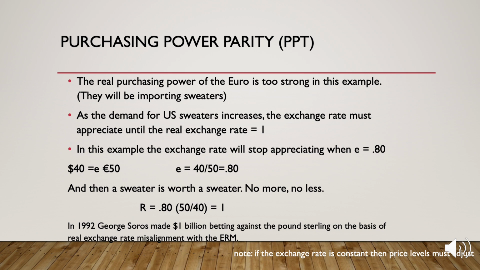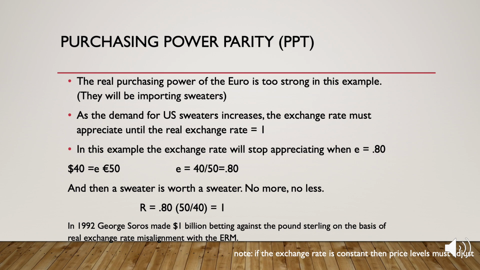That is saying, hey, we want to equate the domestic price of sweaters with the dollar price of foreign sweaters. And so we divide these two out, and we get E is equal to 0.80. So pretty easy for you guys to do mathematically. Just remember that the long-run equilibrium value of the real exchange rate is 1, and that the real exchange rate is the dollar price of foreign goods relative to the dollar price of domestic goods.